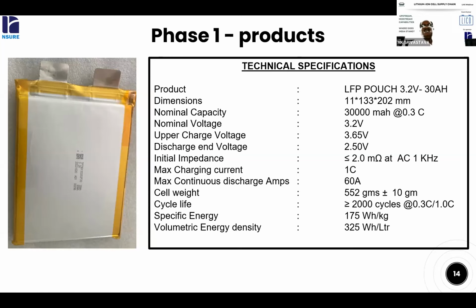No, before that it was cylindrical. Before that there is a pouch. Yeah, number 14. Yeah, this one. So this is the pouch cell, which is approximately 11 mm by 133 by 202. It has close to 175 watt hour per kg specific energy, with a volume density of 325.